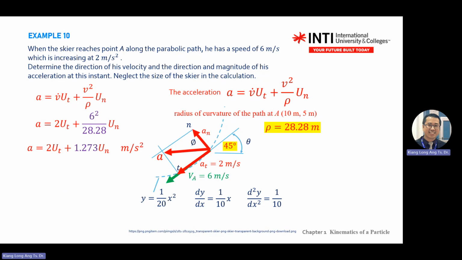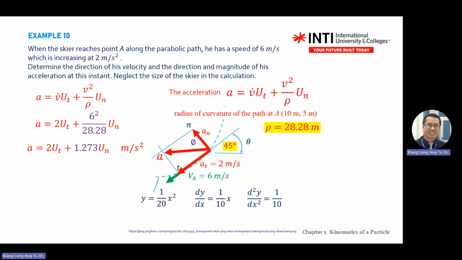This one is in vector form. Vector form means you have magnitude and direction plus magnitude and direction. In the x and y axis, you will see magnitude i plus magnitude j, but this one is curvature, so we use UT and UN.